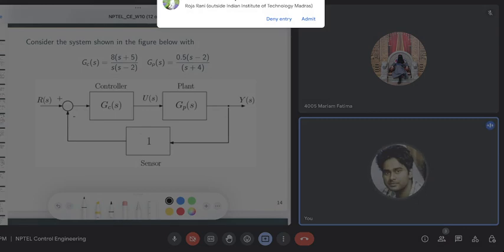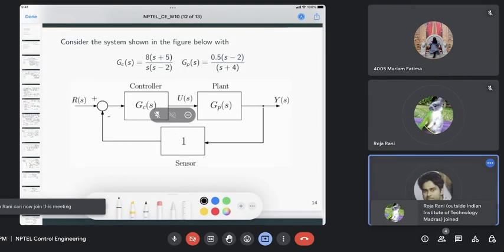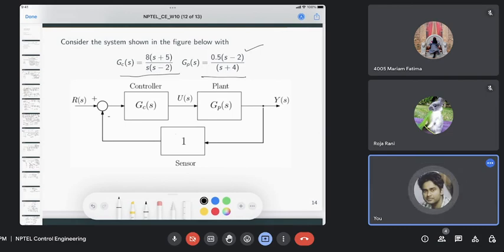We see that our plant has a right half plane zero, and the controller also has a right half plane zero. Because these zeros are at the same point, through this cascade we can have a cancellation, and through this cancellation can we have stability for the system? And what will be the issue when we have this type of exact cancellation? You already have seen this in the lecture video. What are the issues of this exact cancellation?